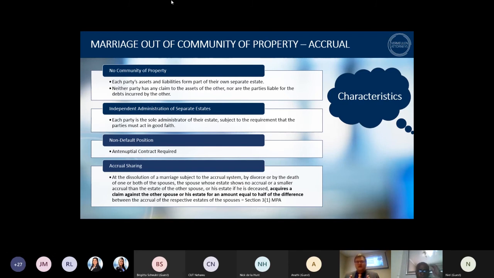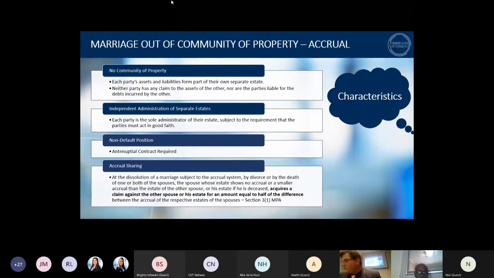There is no community of property unless, obviously, you buy an asset together, in which case you deal with the actio communio dividendo. If you need to divide it, then it is a jointly owned asset and not necessarily a joint estate. Neither party has any claim to the assets of the other, nor are the parties liable for the debts incurred by the other.